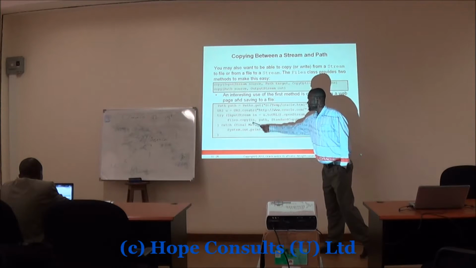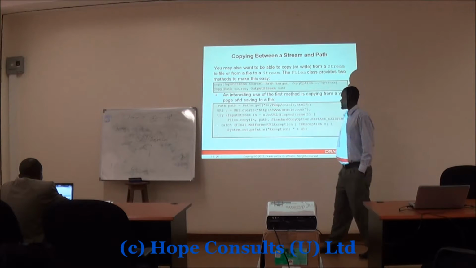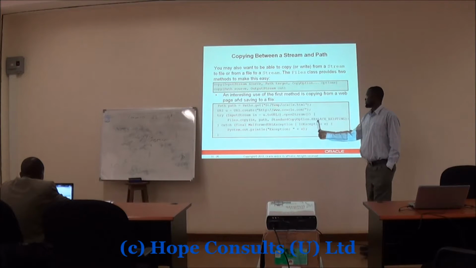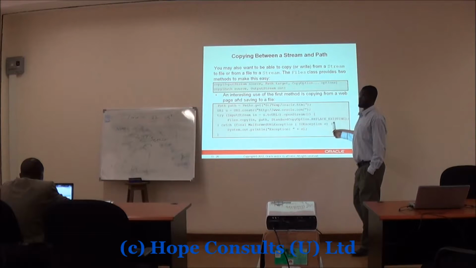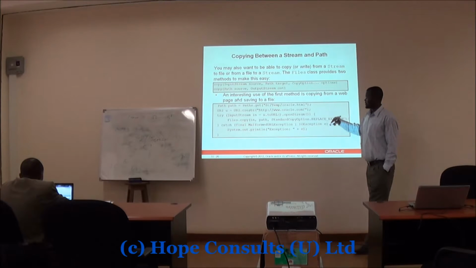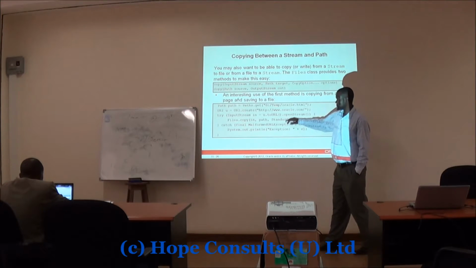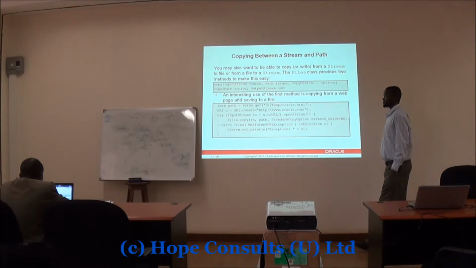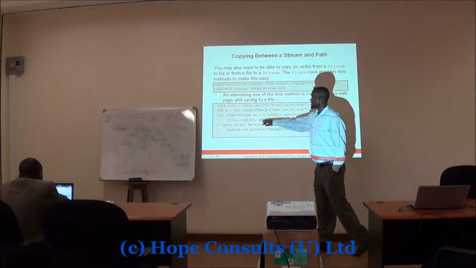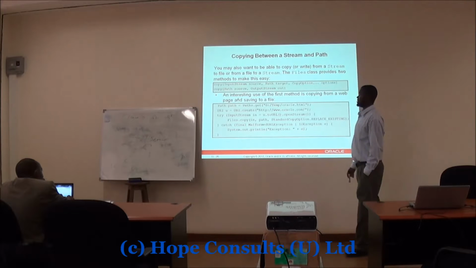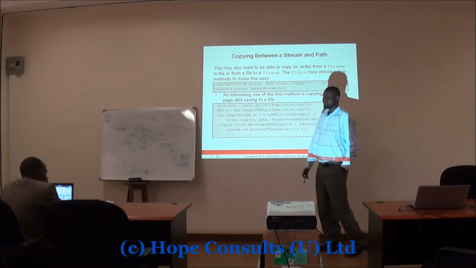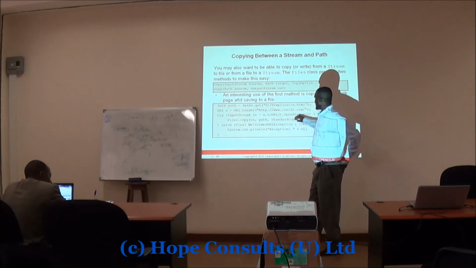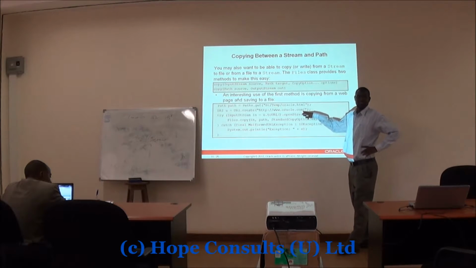This is the hint, the path. Standard copy option replace existing. Meaning, if the file already exists, replace it. This is what that means. Input stream is where you are reading it from. The path is where you are writing it to. So in our case, we are reading this file, which is on the internet.